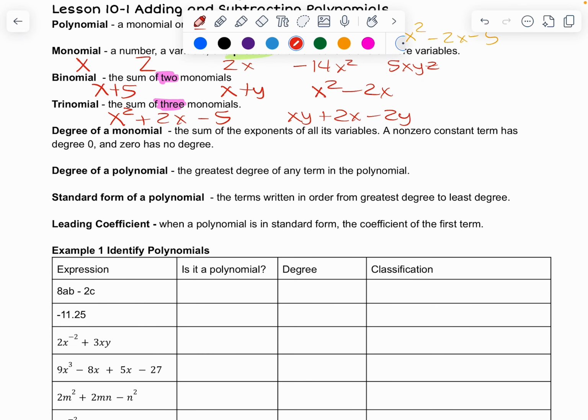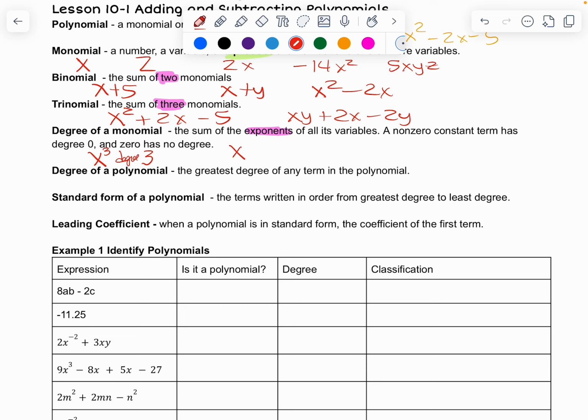Now this is where it gets tricky. The degree of the monomial is the sum of the exponents of all its variables. A non-zero constant has a degree of 0. So if I look at x to the third power, its degree is 3.